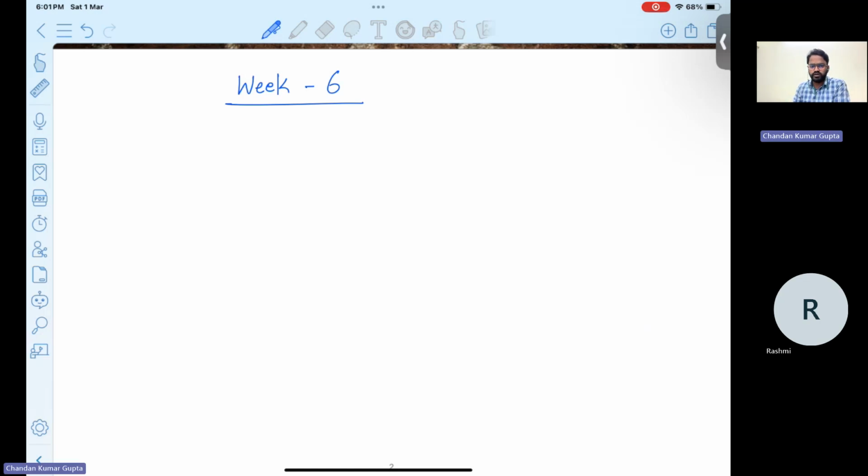Up to the last 5 weeks, we have discussed several things related to probability theory, like the basics of probability, in which we discussed the definitions of probability, sigma field or sigma algebra, Bayes theorem, and conditional probability.